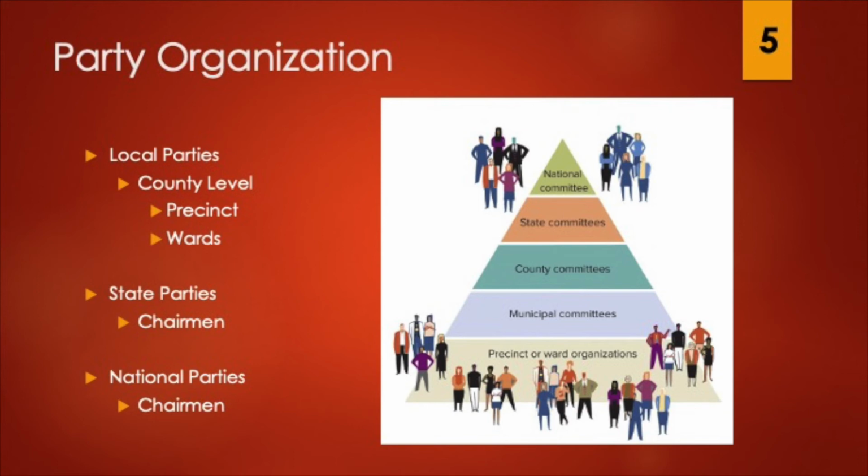Anyhow, the state party is run by a central committee, which is made up of representative members of county committees. And the county committees appoint a chairperson to run the daily operations of the party, and it's tasked with getting their candidates into office, especially the president of the United States. And finally, we have the national party of each major party, and they too have a chairperson that leads a large staff and manages its operations.